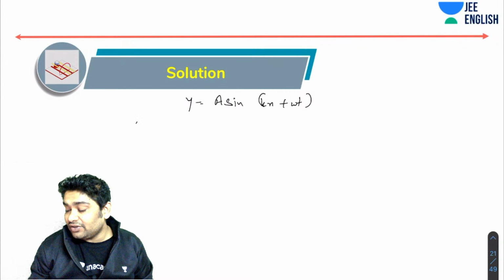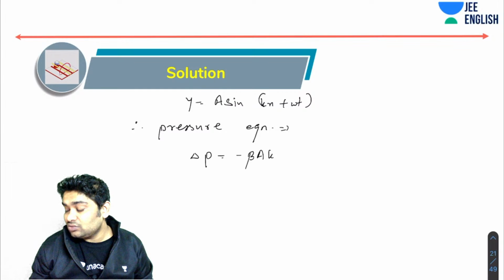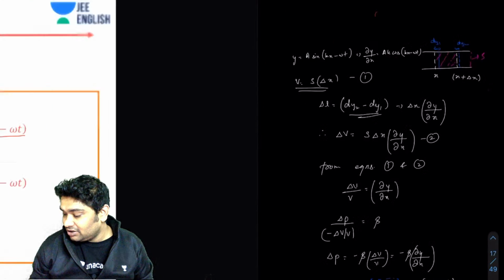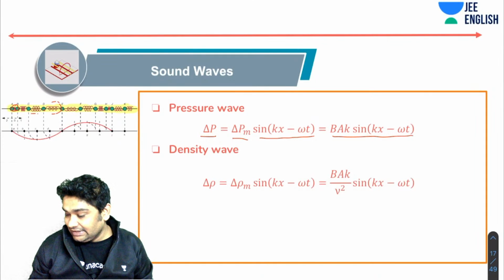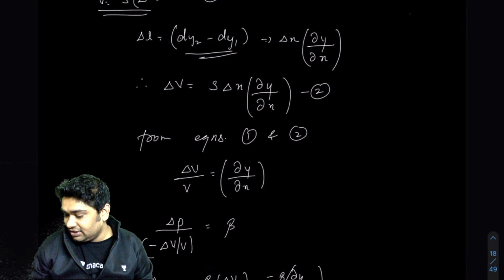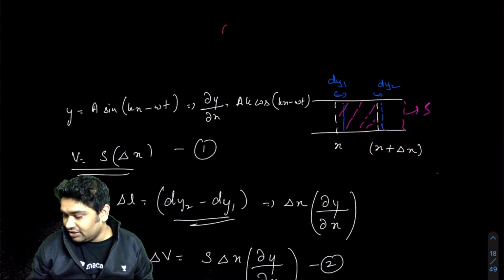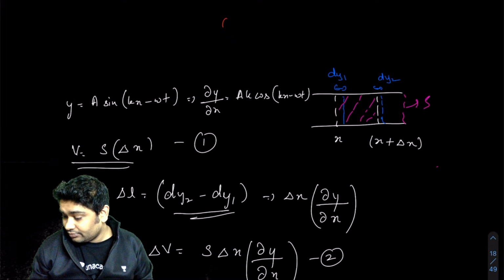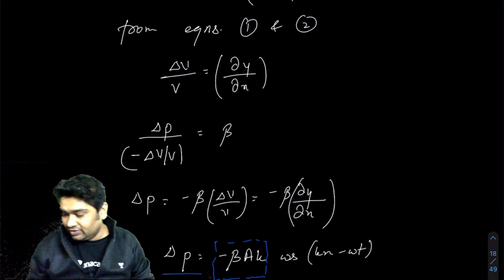Therefore the pressure equation can be written as delta P equals minus beta A K. I wrote the minus by mistake. When you differentiate this, there will be a minus, because you're differentiating a sine function, right? Oh, there was a minus in this. That's fine.